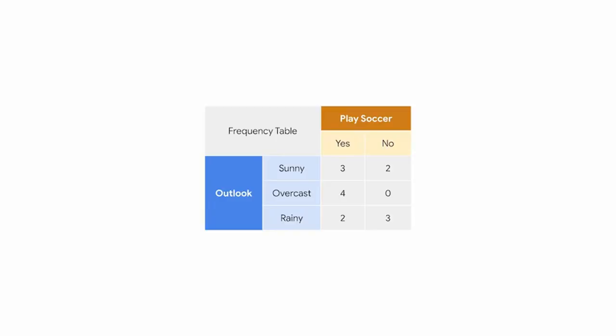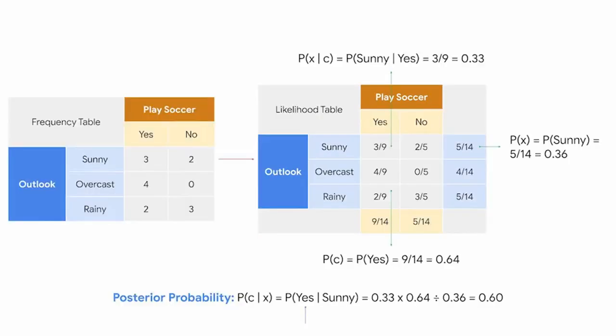Start with the outlook variable. Calculate the posterior probability of one of the features in the dataset. To do this, construct a frequency table for each attribute against the target by tallying the number of times soccer is and isn't played for a given attribute. Then, transform the frequency tables into likelihood tables by calculating the number of times soccer is and isn't played for each attribute.